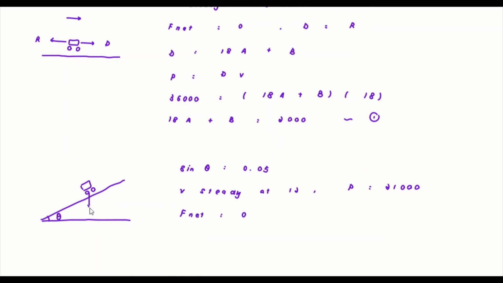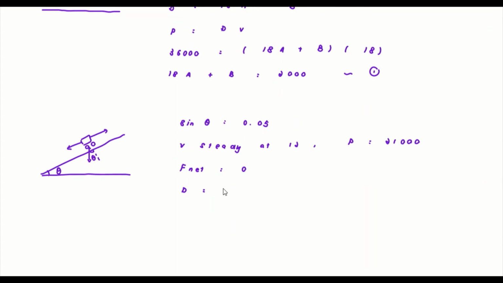We have the weight, with theta as well, the driving force and the resistance. So the driving force will be equal to the resistance plus the weight times sine theta.